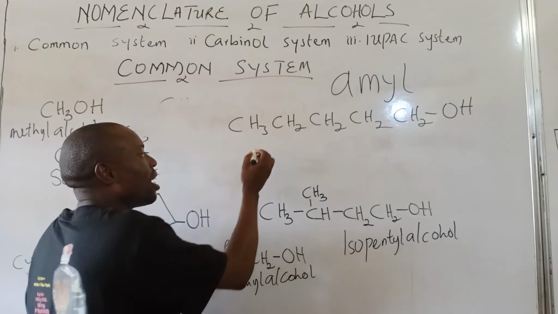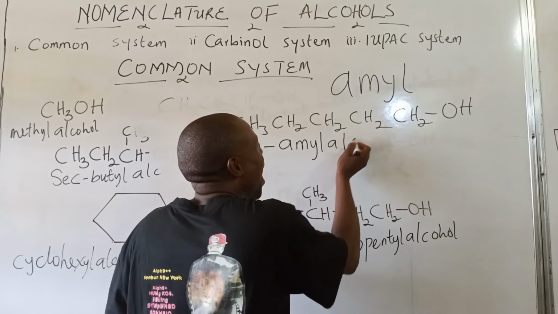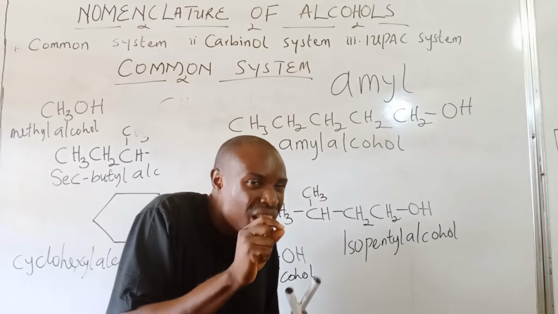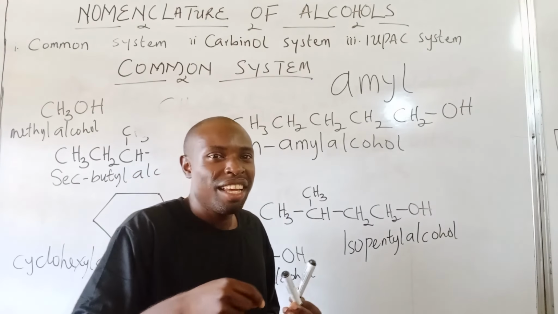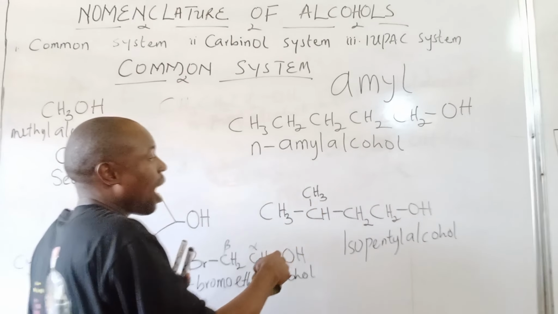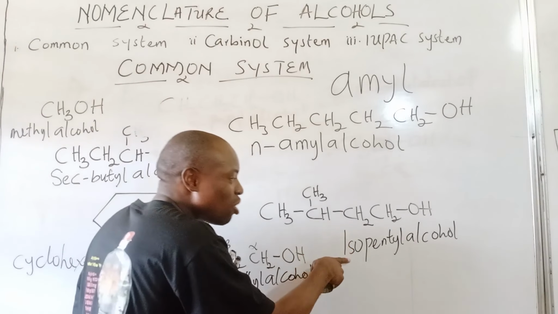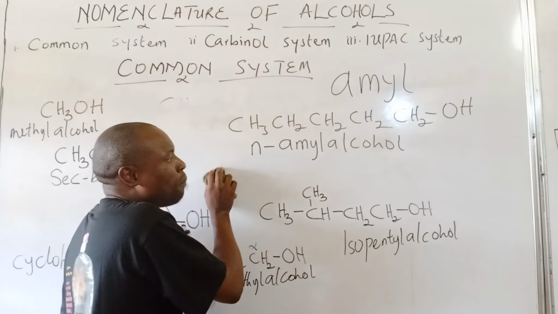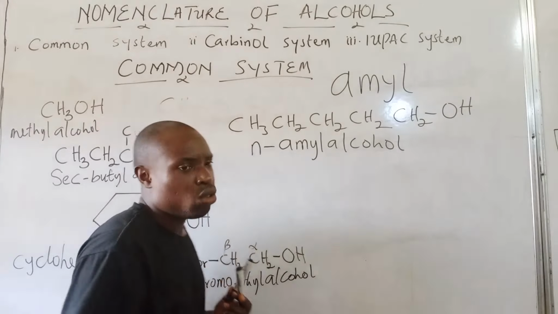It will also be correct to say n-amyl alcohol. So the five-carbon alkyl group is also named amyl. This one can also be called isoamyl alcohol. We are still on point. Basically, these are all we need to know.